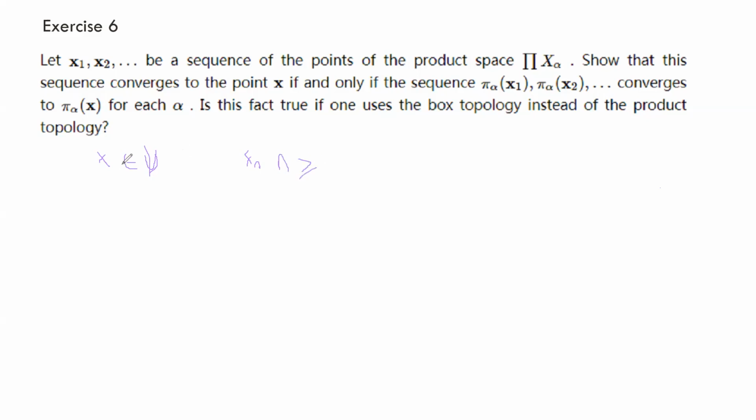If there's only one point, then this X is the point itself. The limit is itself. For Xn when n is bigger than N, all the Xn are in the U containing X. This U is a neighborhood of X.